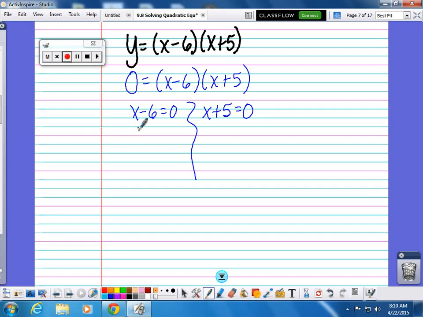Okay, what are our 2 solutions? What's the solution here? 6. Good. And here? -5.